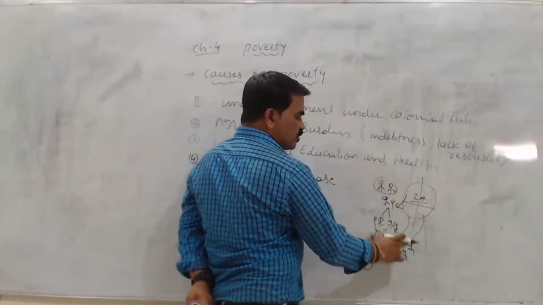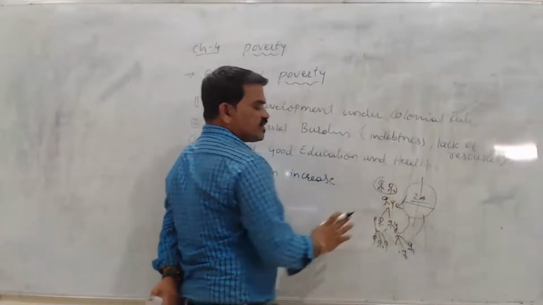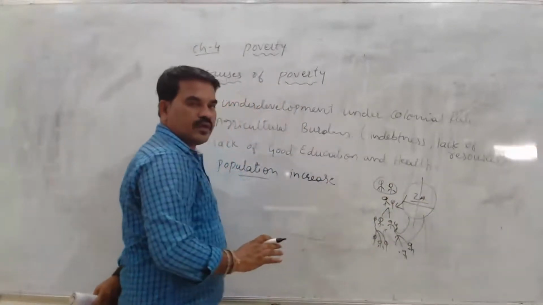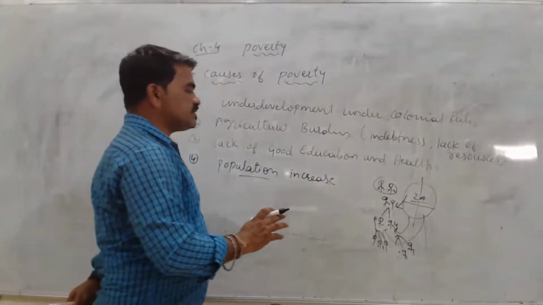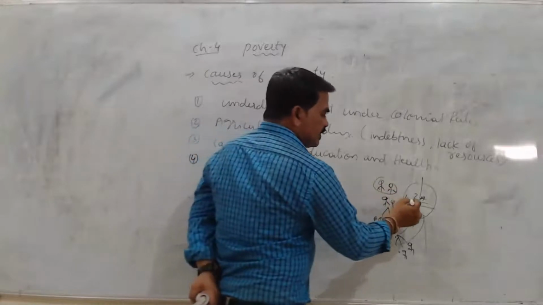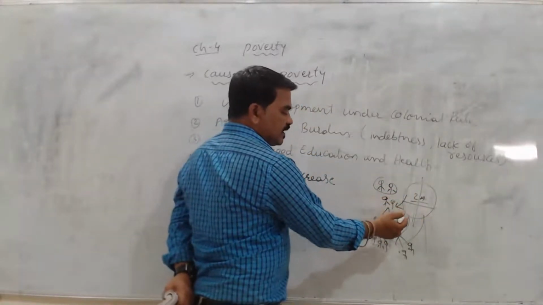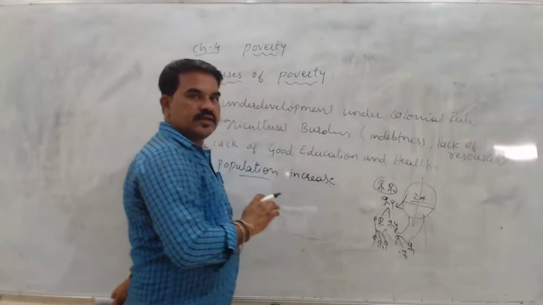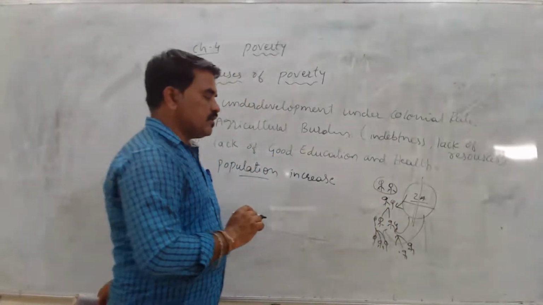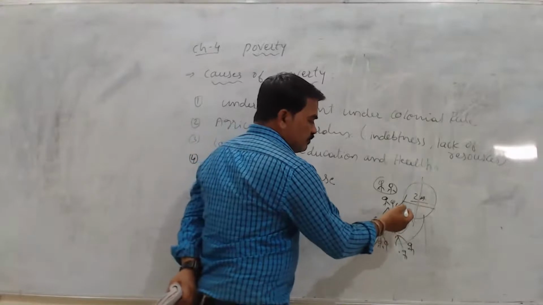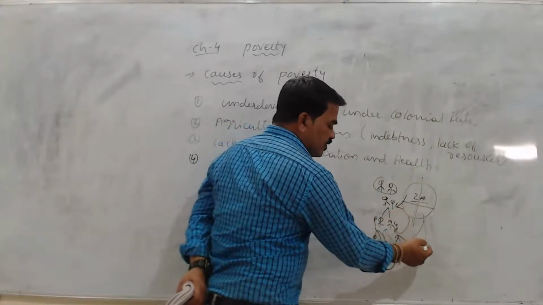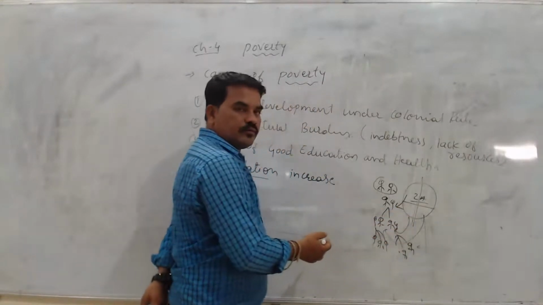But when the population grows, this will become insufficient for this family. Now, that is the reason when there is very little land, you can understand the income also is very less. It will also lead to poverty. So what will they do with no income? They will not get a proper education, proper health.